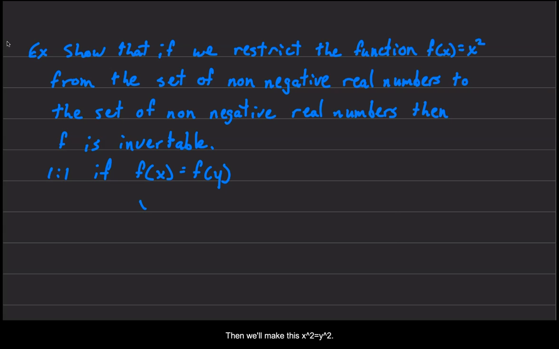Then x squared is equal to y squared. So if we move the y squared over to the other side, we get x squared minus y squared is equal to 0. And then we can factor this, and we get (x plus y) times (x minus y) is equal to 0.